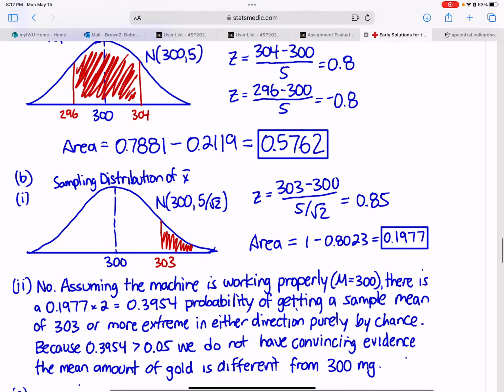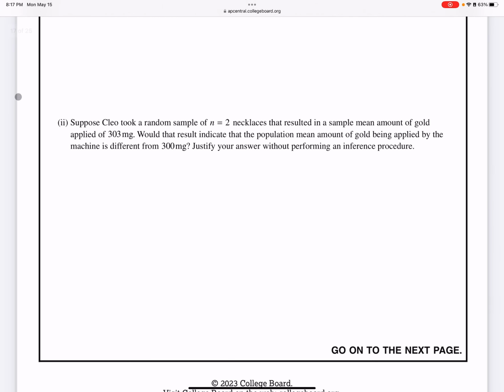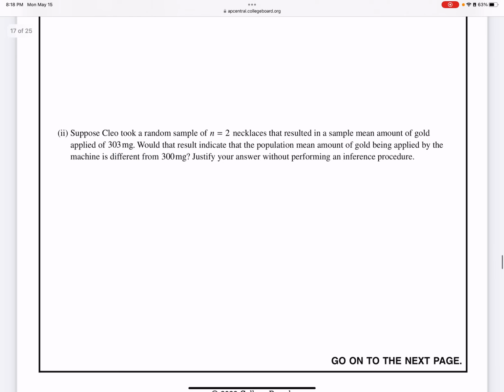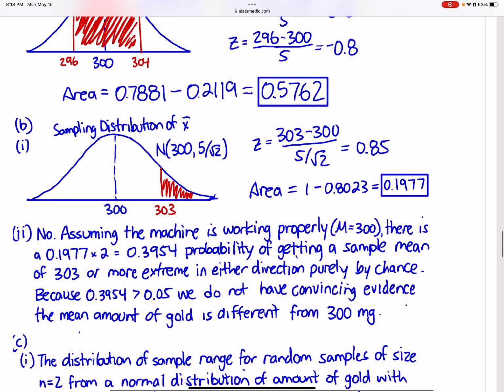But part 2 then continues and asks, does this result indicate that the machine is different? Well, different would mean I would have an Ho and an Ha with a not equal to, which would mean it's called a two-sided test, so I would have to multiply my 0.1977 times 2 to get a two-sided test.